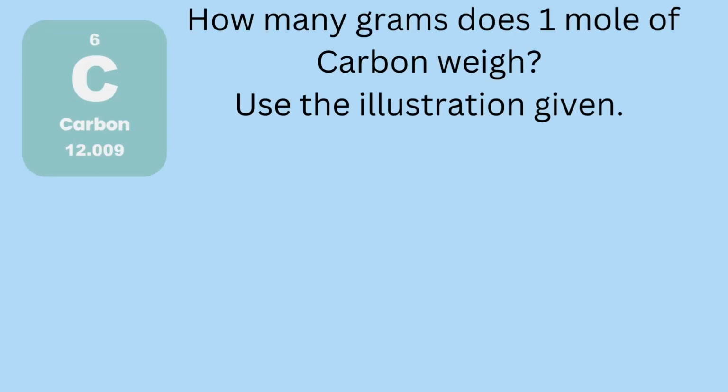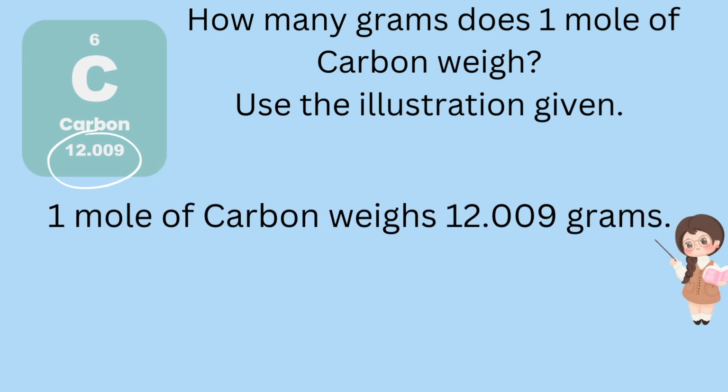How many grams does 1 mole of carbon weigh? Use the illustration given. 12.009 grams, right? 1 mole of carbon weighs 12.009 grams because remember, that little number is grams per mole.